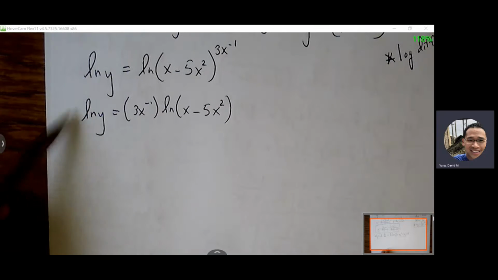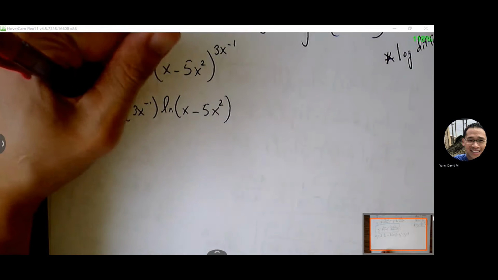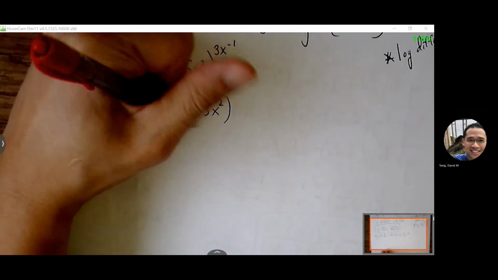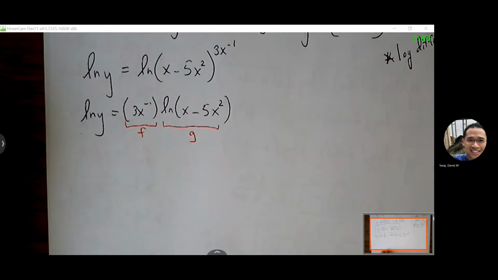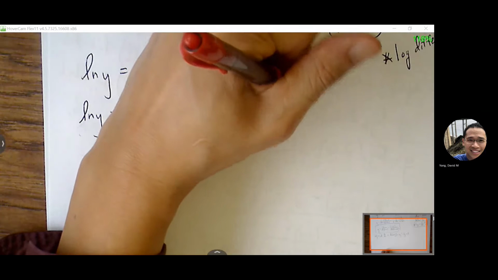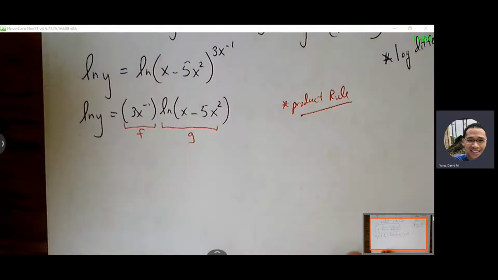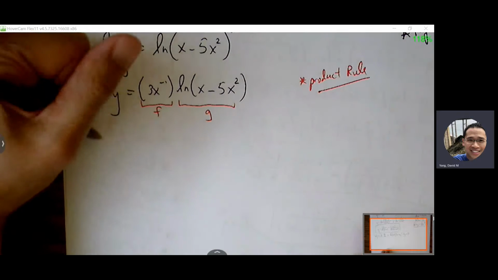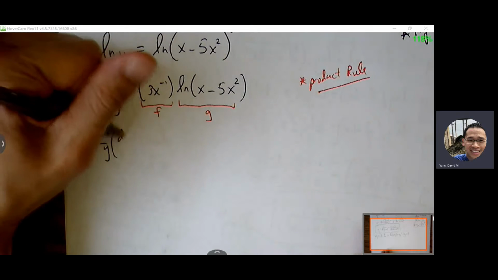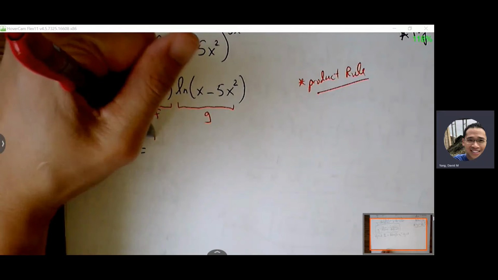Okay, left side, the derivative is implicit, but the right side is product rule. Okay, natural log of y becomes 1 over y dy dx. Okay, f prime g plus fg prime.